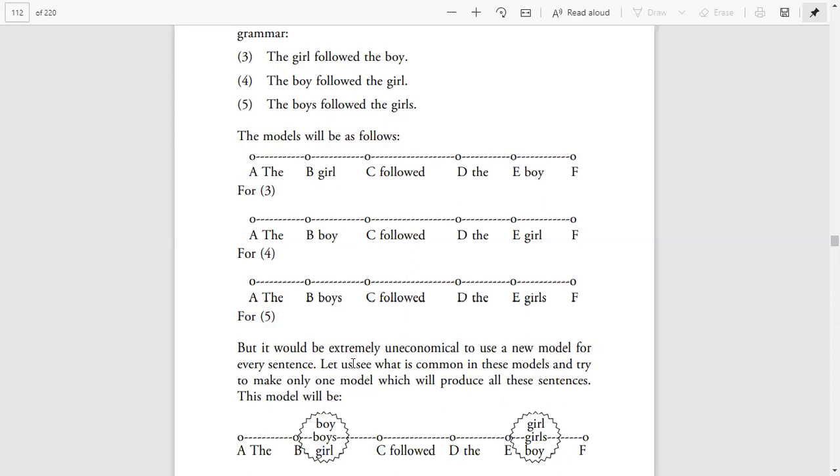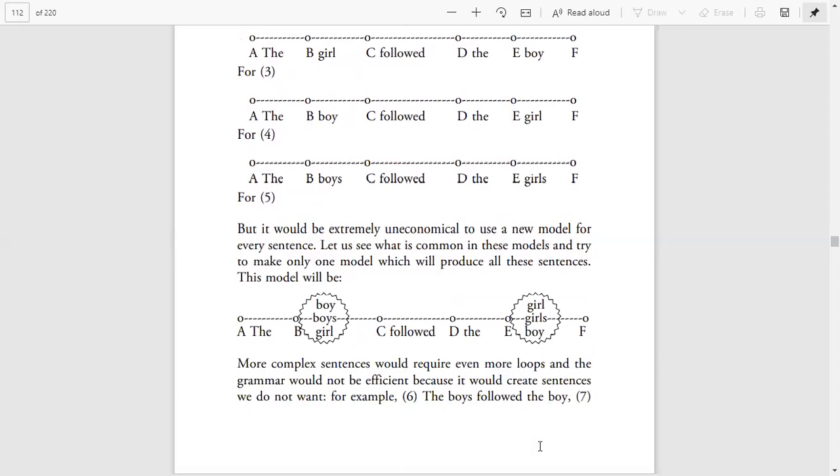So let us try to engineer a model which can be used for all the examples aforementioned. So here we have the model: the boy, boys, girl, in the same circuit, followed the girl, girls, boy. This model can be used for all the above sentences, 1, 2, 3, 4, 5.